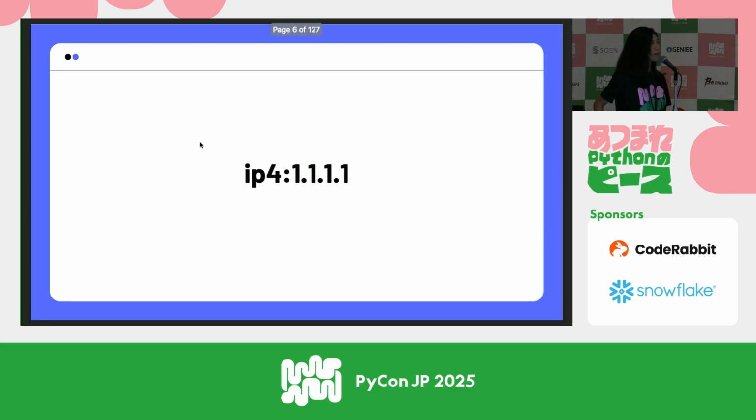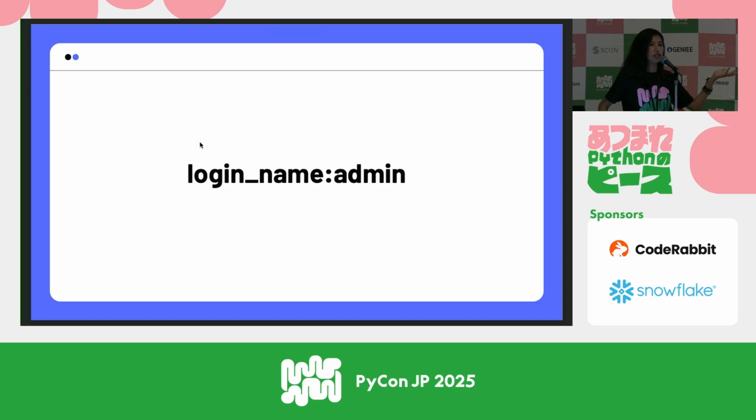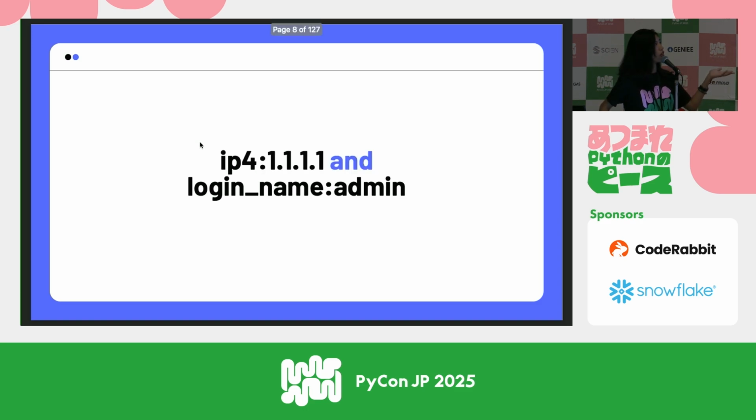For example, you can set IP addresses, or check whether the login user is admin or not, or use operators. You could combine these expressions. So the question is, please raise your hand if you think this is a domain-specific language. Good job. It is a domain-specific language because it won't work outside of our Hangul system.